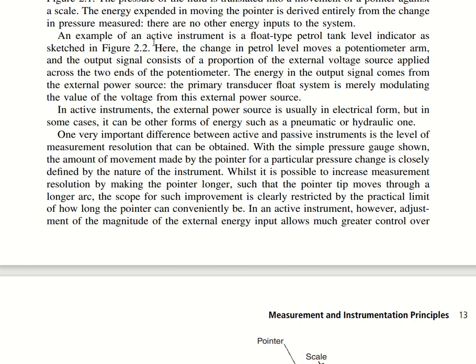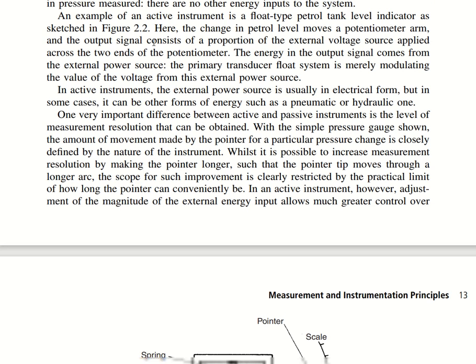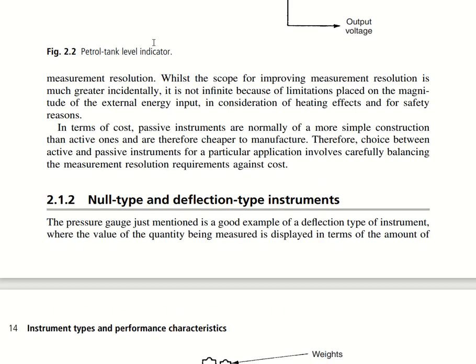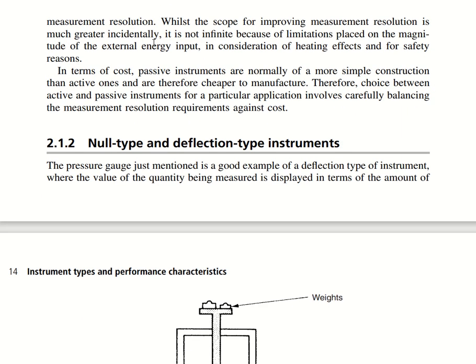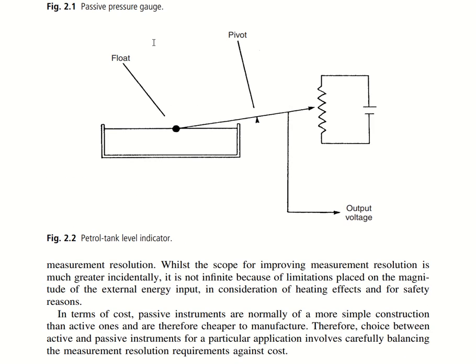In an active instrument, however, adjustment of the magnitude of the external energy input allows much greater control over the measurement resolution. The scope for improving measurement resolution is much greater, though it is not infinite because of limitations placed on the magnitude of the external energy input in consideration of the heating effects and for safety reasons as well.